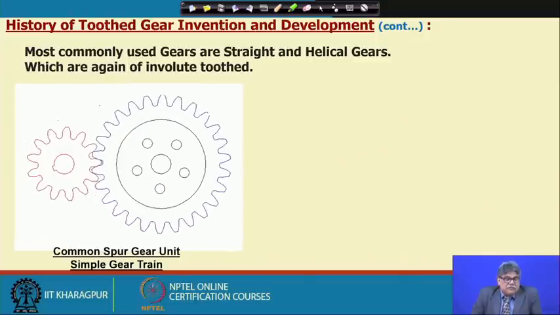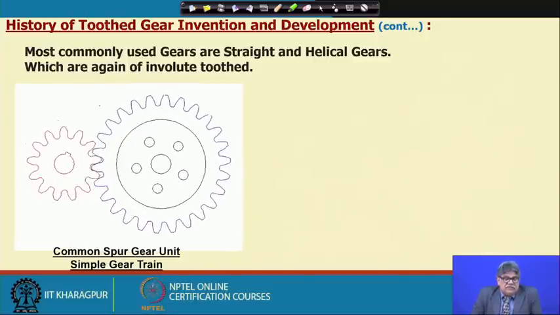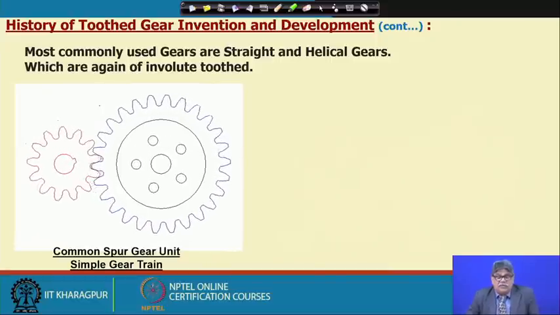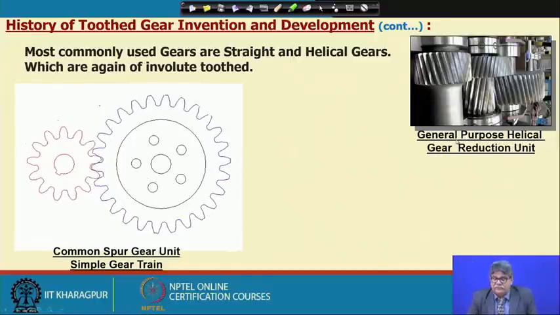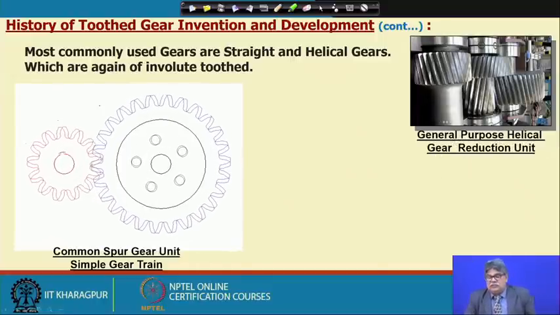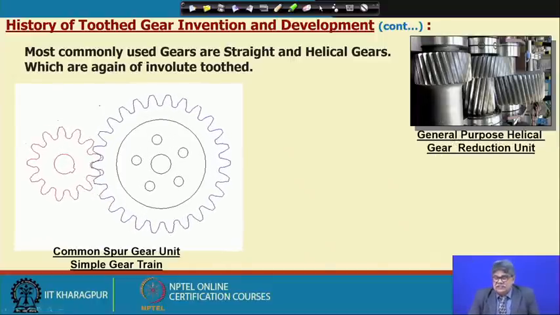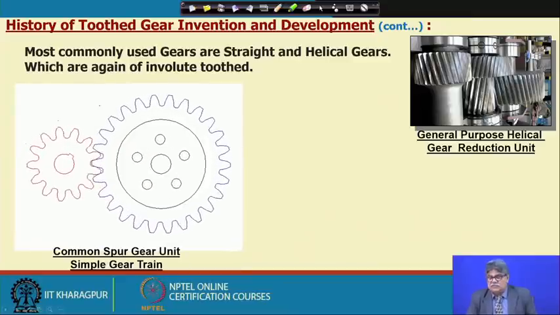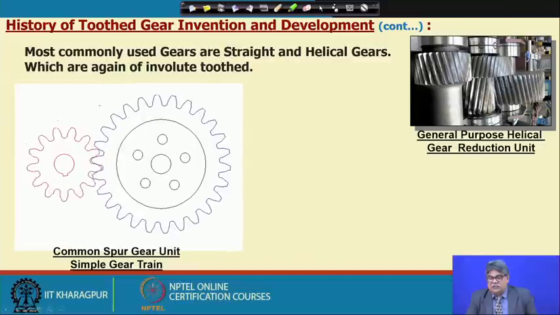Okay. Now, this is a figure showing a common spur gear unit of a simple gear chain. Now, if we look into industrial gearboxes, they look somewhat like here, which I have shown in a photographic view.